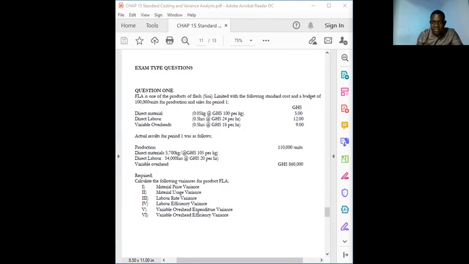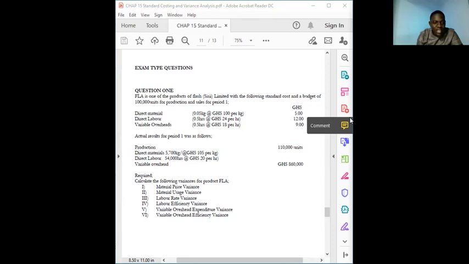Now from this question, what was our actual price? Direct material cost, this is the actual result, and we bought the material at 105 per kg. So the actual price is 105 per kg. What's our standard price? We had planned to buy materials at 100 Ghana cedis per kg. And what is the actual quantity of materials purchased?